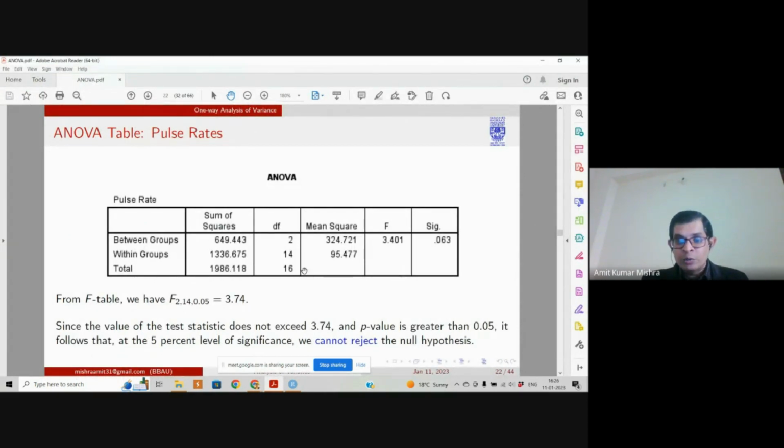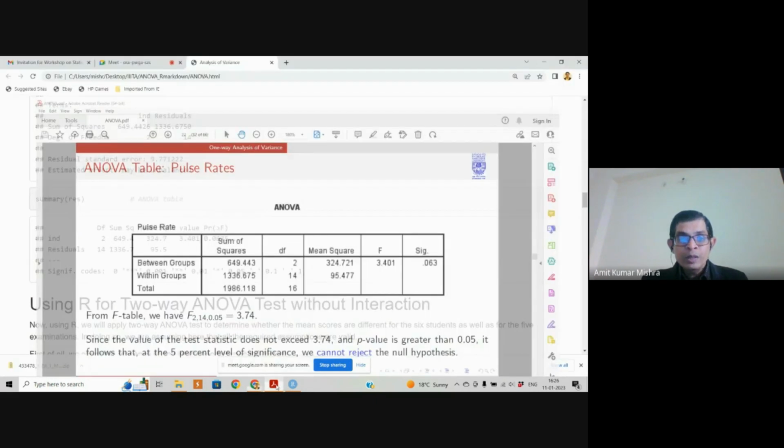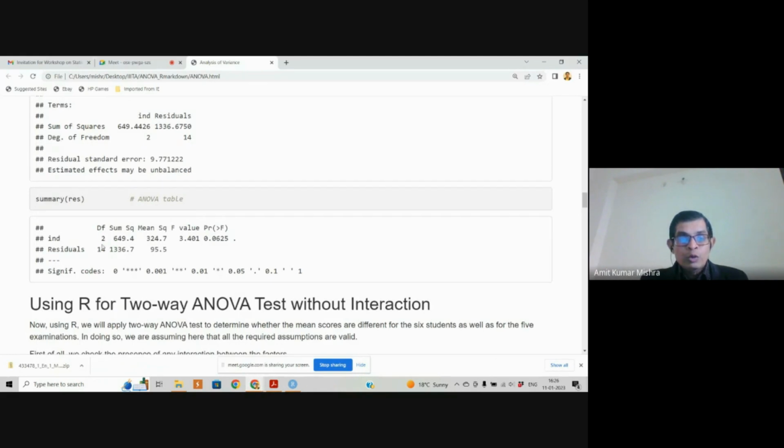It is giving you this table, 2, 14, this number, and all these things. So it is giving you the F value, that means the observed value. It is giving you the p value. And you can see there is no star or double star in this p value.